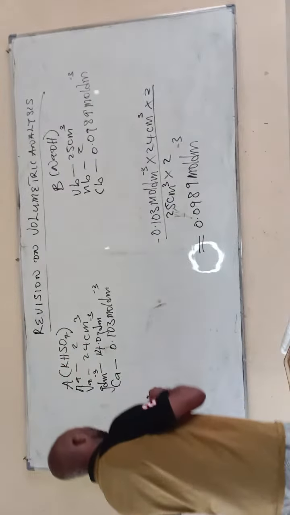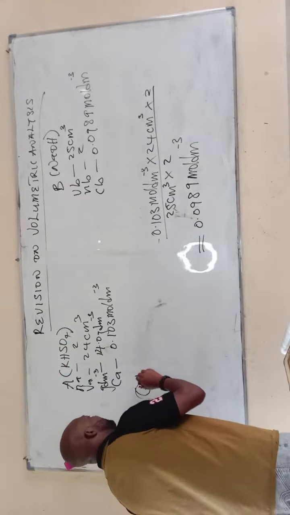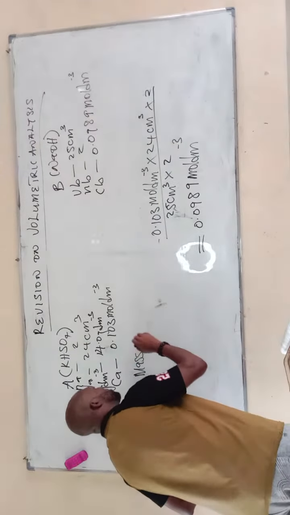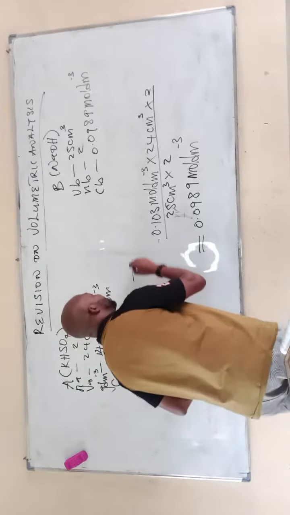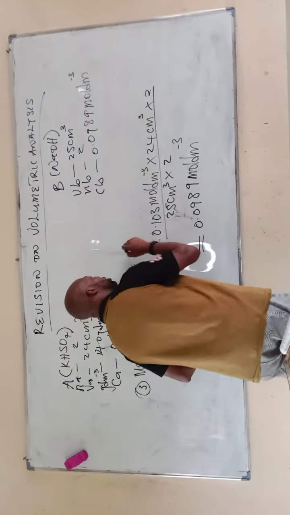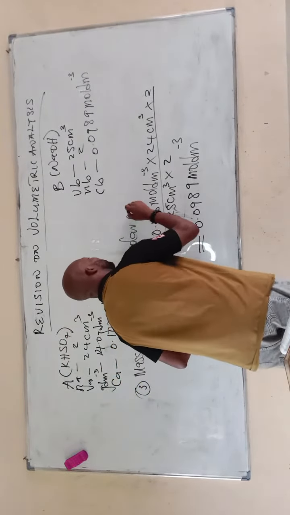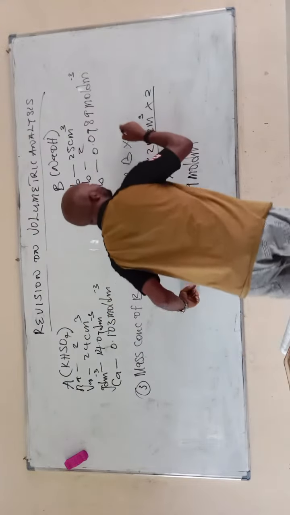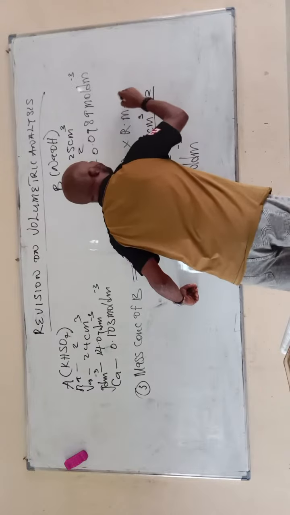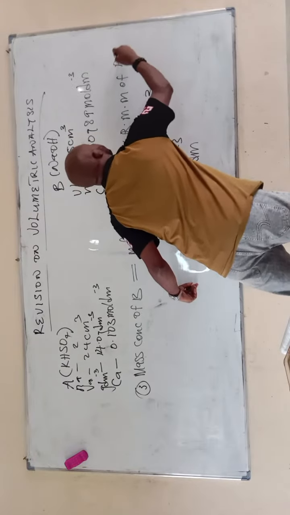So I have my third question, which is mass concentration of B. And mass concentration of B is molar concentration of B times relative molecular mass of B.